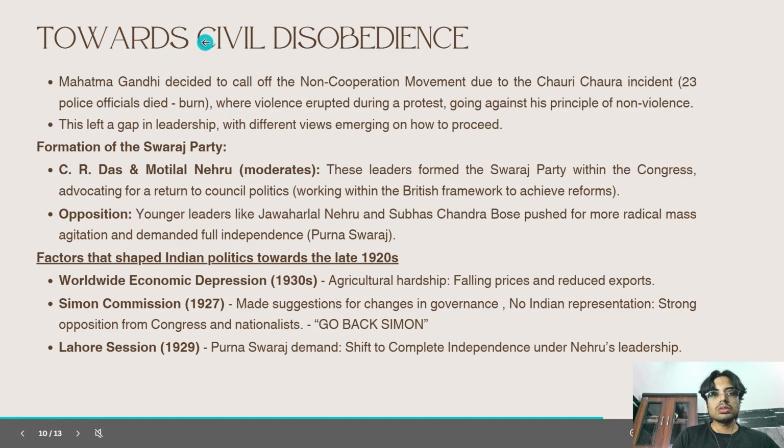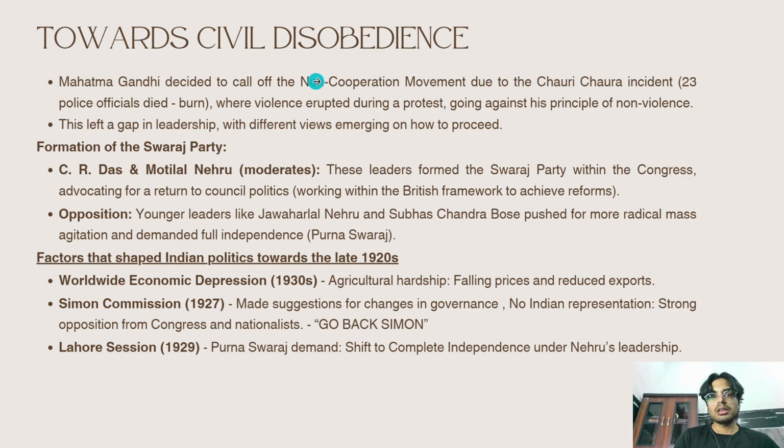Let's see how civil disobedience was introduced. Towards civil disobedience, Mahatma Gandhi decided to call off the non-cooperation movement due to the Chauri Chaura incident. The Chauri Chaura incident was when the peaceful movement escalated into a violent movement, and the police station was burned down by the people, and 23 police officials died due to it.